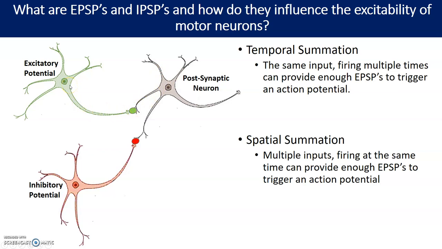And there are a couple of ways that this excitatory potential or inhibitory potential can get its way. The excitatory potential, for example, we'll use that. One is called temporal summation. In temporal summation, it increases the firing rate. This excitatory neuron really wants to get the postsynaptic neuron to have an action potential, and so it releases its neurotransmitter more frequently.